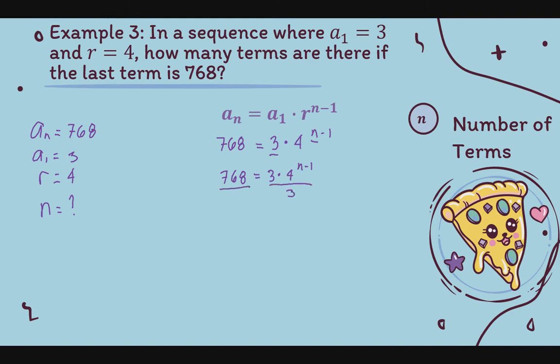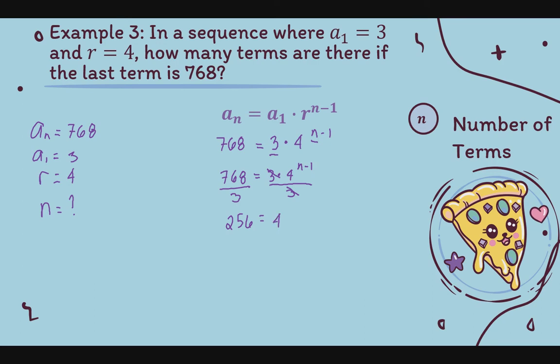So, 768 divided by 3 is equal to 256. At ito, reduce into 1 na. So, magiging, ang matitira na lang is 4 raised to n minus 1.